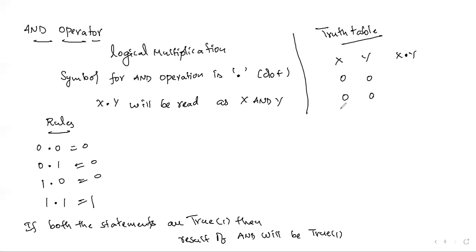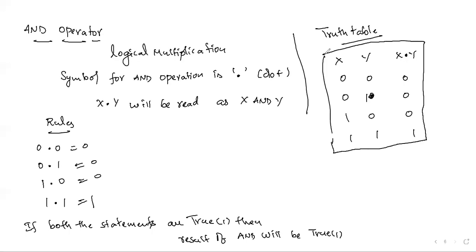Sorry, this is 1. 1, 0, 1, 1. So this is 0, this is 0, this is 0, this is 1. In this possible case, this is 1. When both the operands are true, then only the resultant will be true, or otherwise it will be false.